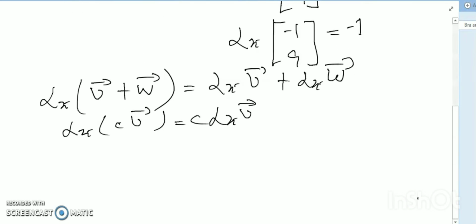Fundamentally, this map takes in an element of our vector space and returns a single scalar number. So that is Lx(v) equals k. We have a special name for maps that do this. They are called linear functionals.